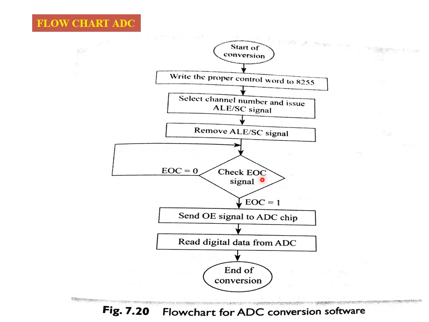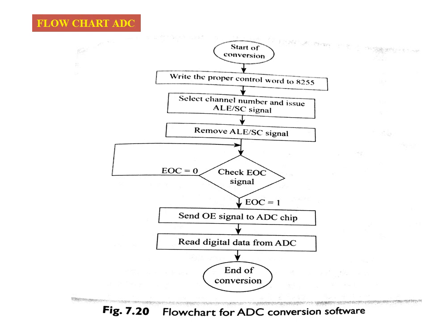Once the end of conversion signal is completed, nothing but the progress is completed, then the OE signal is enabled, nothing but output enable to the analog to digital converter, which is given by the 8255 interface unit to the ADC chip.